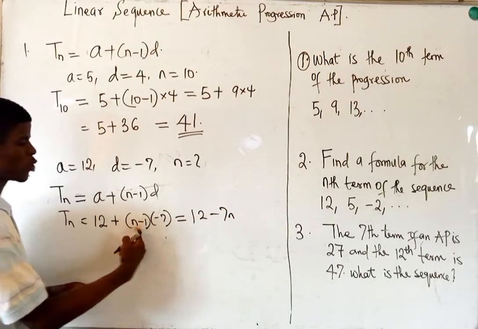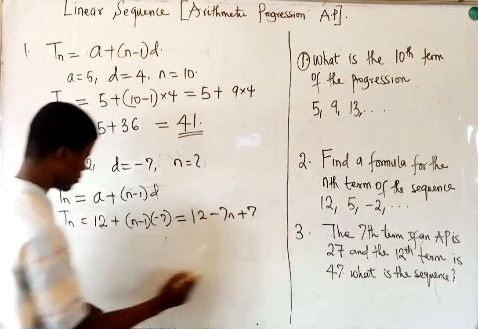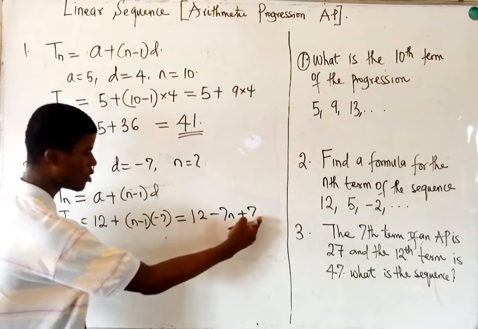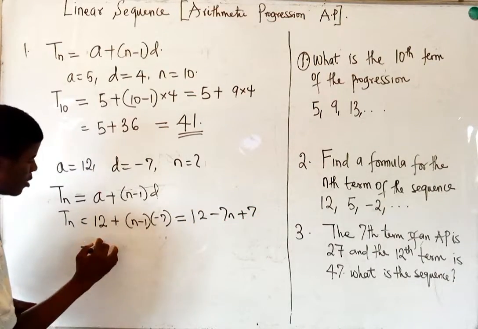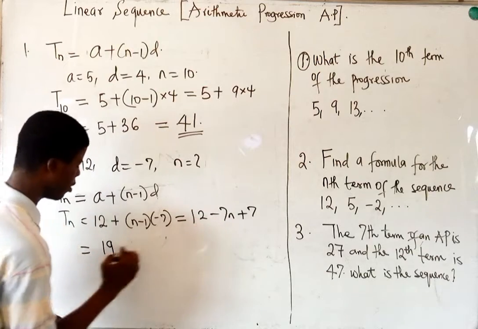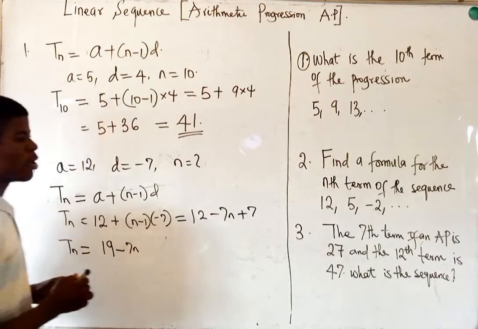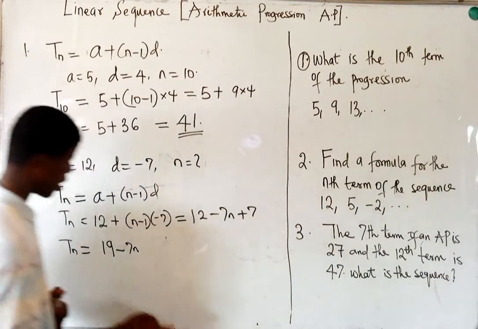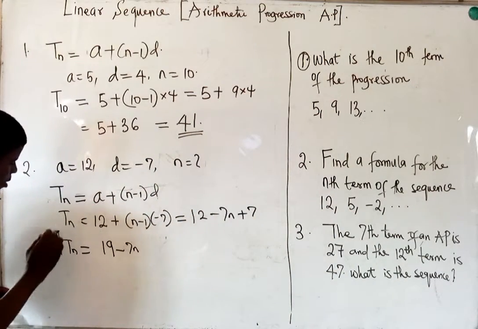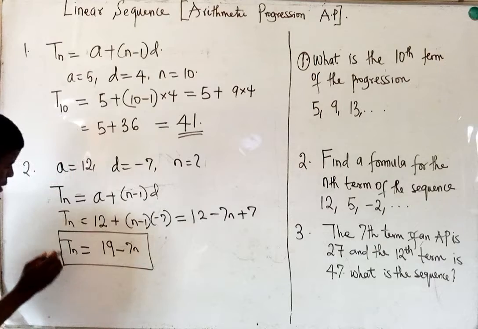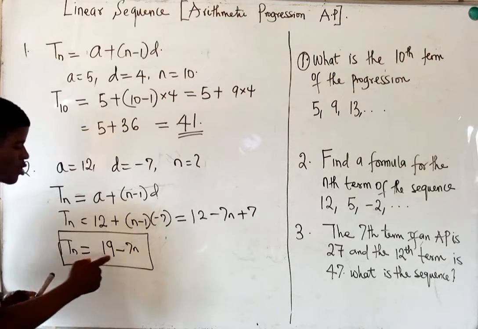Minus 7 times minus 1 is plus 7. 12 plus 7 will give me 19. Minus 7n. So the nth term of this progression, 12, 5, minus 2, and continues that way, is Tn, or the nth term, is equal to 19 minus 7n.